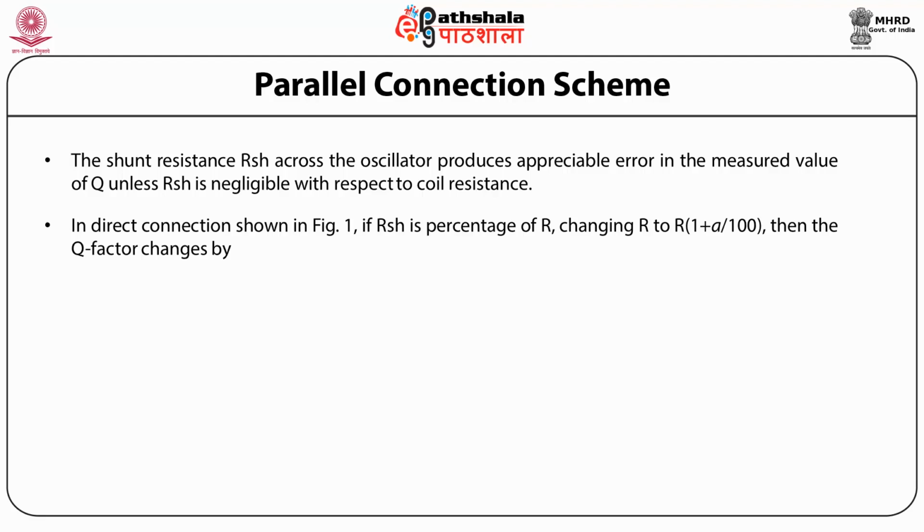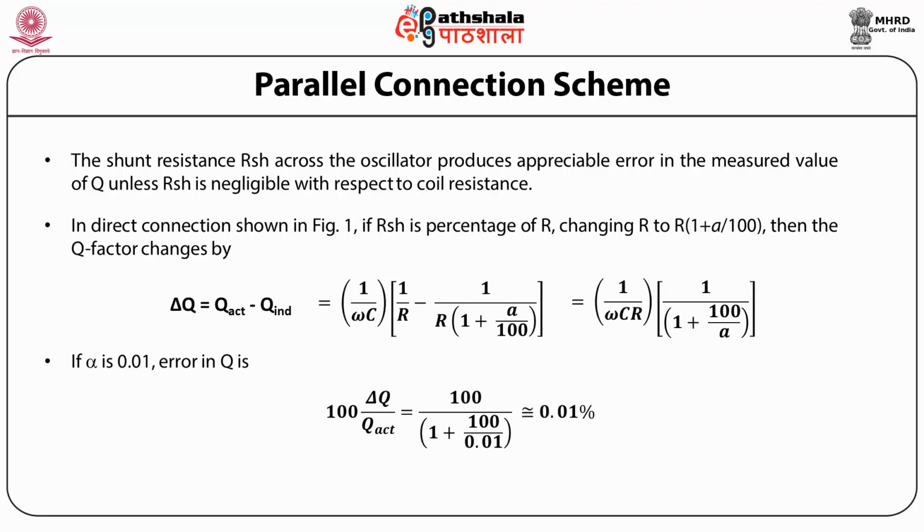Simplifying the expression, we get delta Q is equal to 1 by omega CR whole multiplied by 1 by 1 plus 100 by A. If A is 0.01, error in Q is 100 delta Q by Q actual is equal to 100 by 1 plus 100 by 0.01, which is approximately equal to 0.01%.